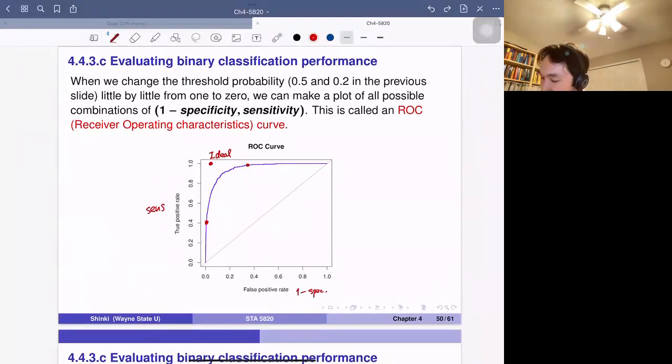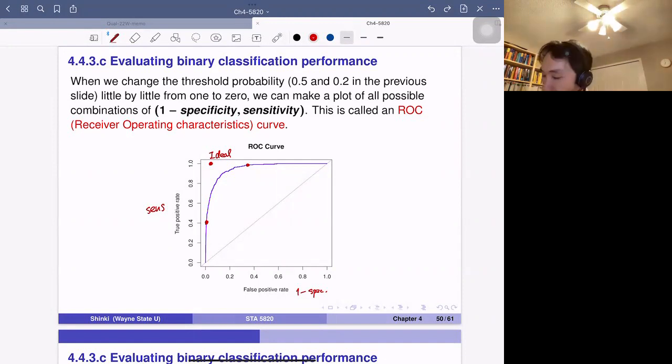Then we can make a curve for this. And R tries many possible thresholds, probably all possible thresholds, because we have a finite sample size. If the sample size is 100, and we think about 99 different thresholds, then we have 99 different pairs of sensitivity and specificity.